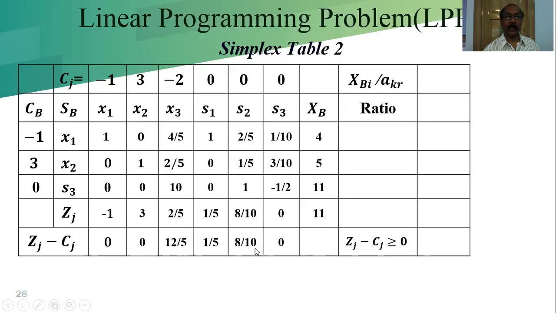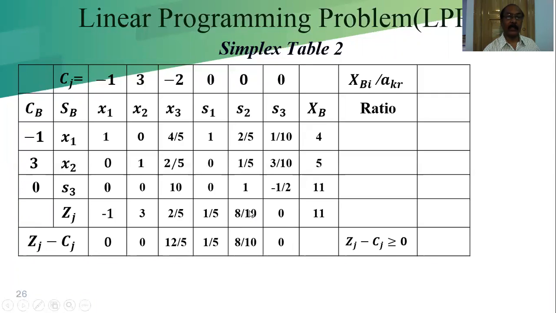So this table is our optimum table, because see, this is 1 and this is 0. From that we'll get 0, 0 and 0. That's why this is 0. Due to some mistake in copying, it should not be so. This is 1, this is 0. So after multiplying, minus 1 into 0 is 0, 3 into 0 is 0, and 0 into 1 is 0.